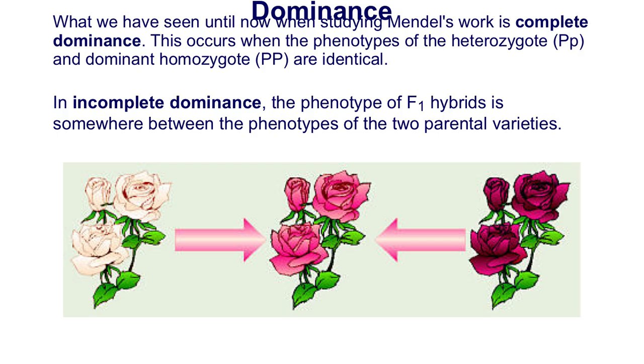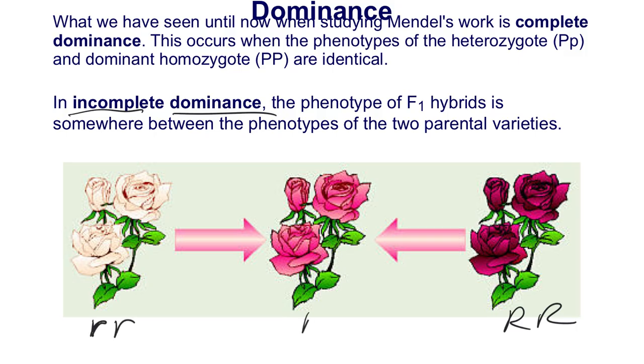Okay, in incomplete dominance, the heterozygous genotype will give you a phenotype that's a blending of the 2 other phenotypes. So let's say the genotype for red roses is big R, big R. The genotype for white roses is little r, little r.